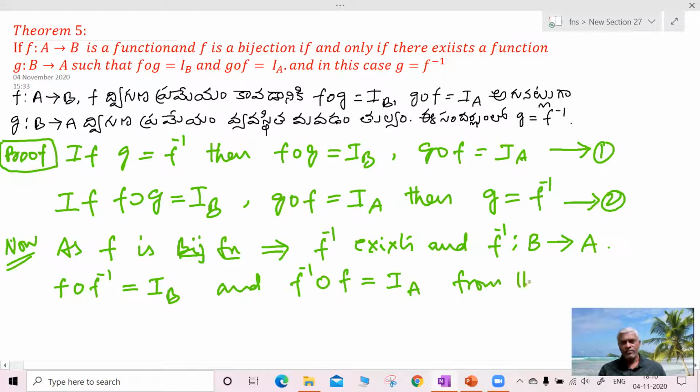This is from theorem 4. Just now we have proved. You can prove this by theorem 4.